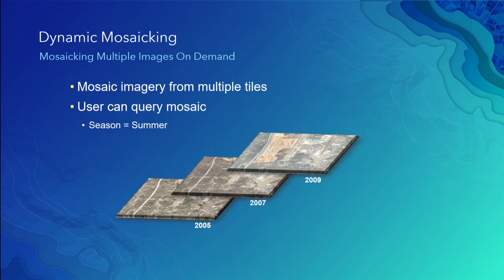It can be based on the table. So if I have a table and I have a field that has date, and I want a Mosaic to represent the latest, most current time on top, then I can use this mosaicing method and specify the acquisition date as my rule set for doing dynamic mosaicing, the default.